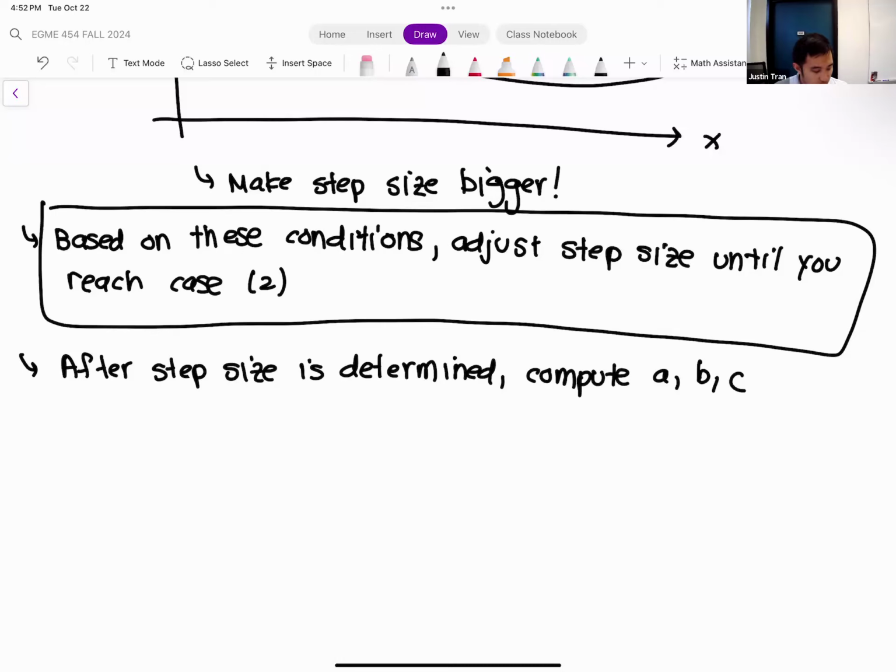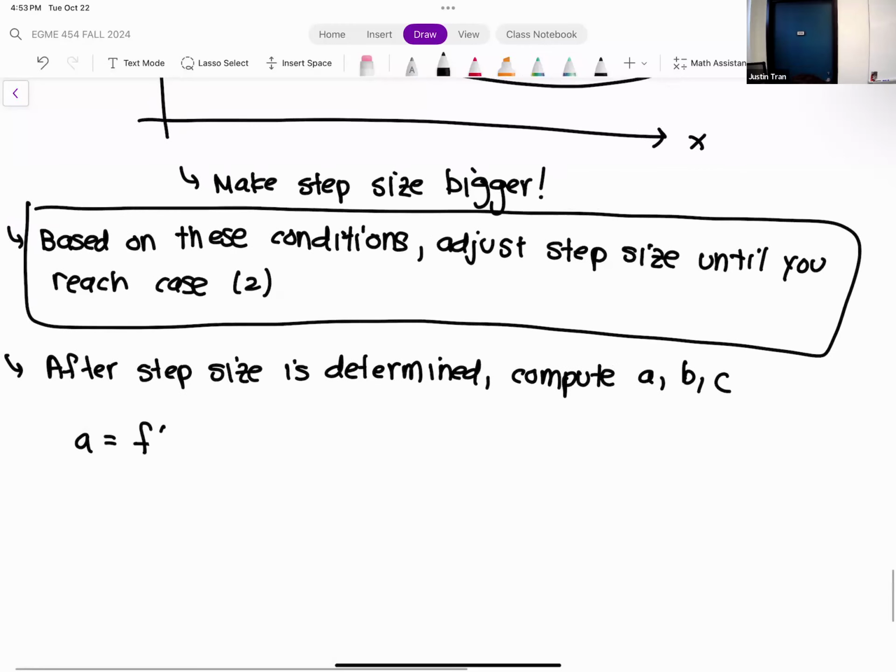And in fact, just to save you the effort, we have formulas that you can use to compute A, B, and C. So A here is going to be, just like our previous example, simply the function evaluation at x equals 0.